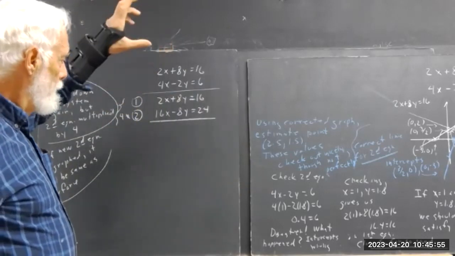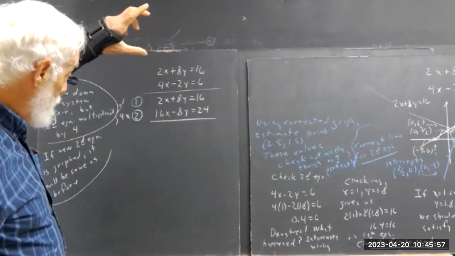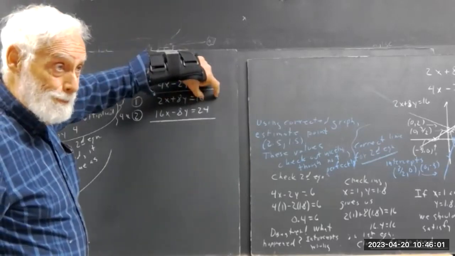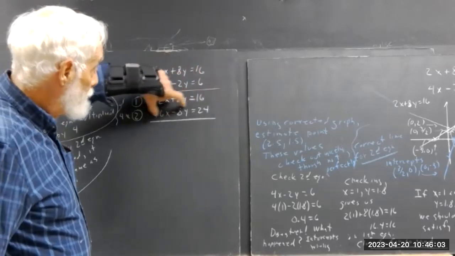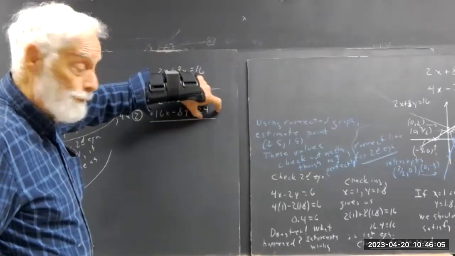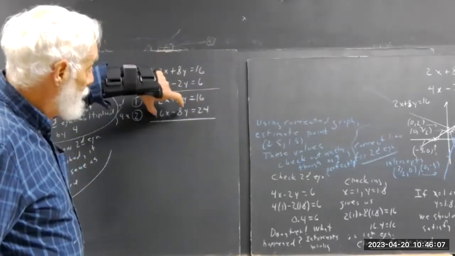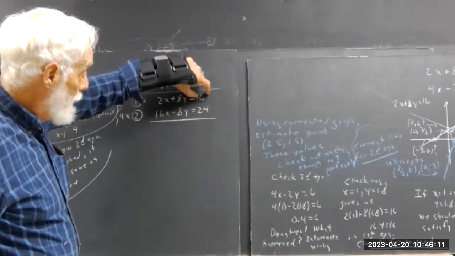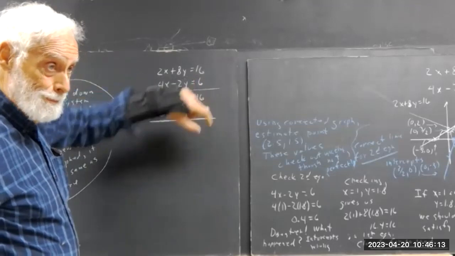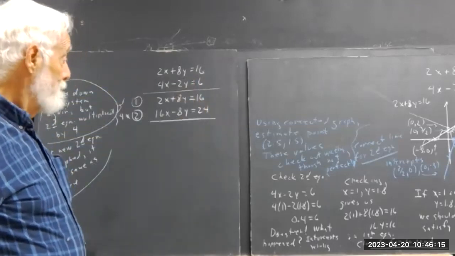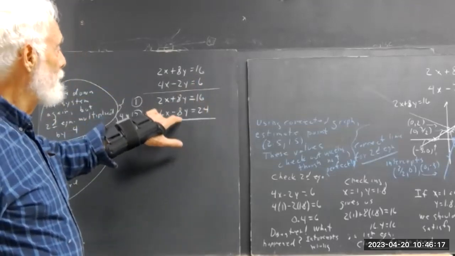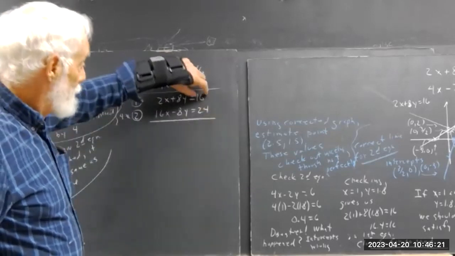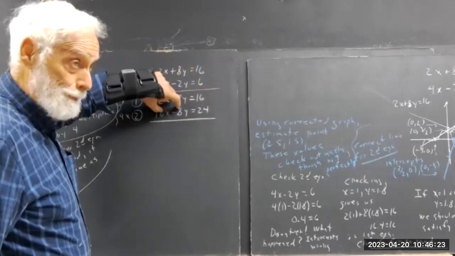Now, watch carefully. This is equal to this, right? And this is equal to this. So if I add this and this, it has to equal whatever I get when I add this and this, because this equals this and this equals this.